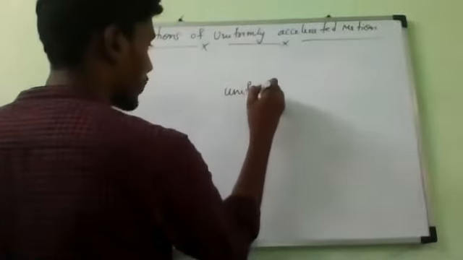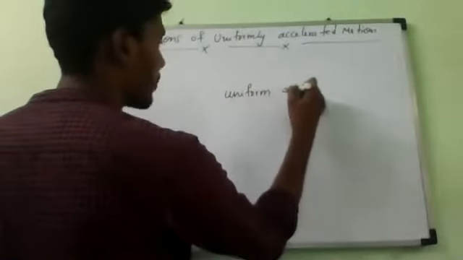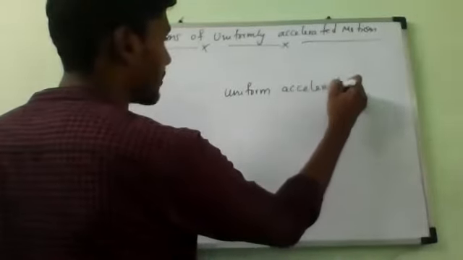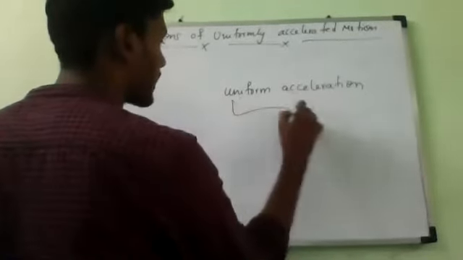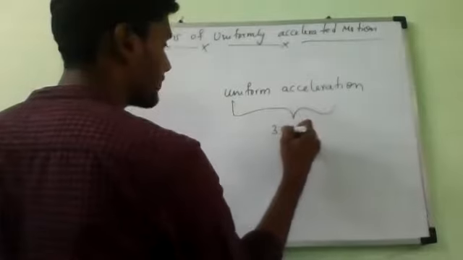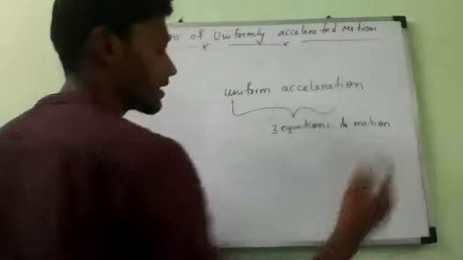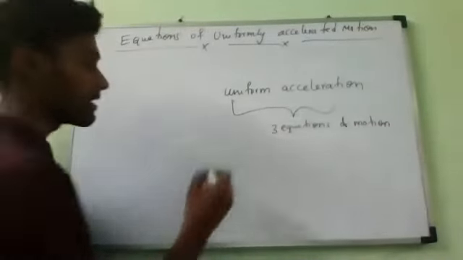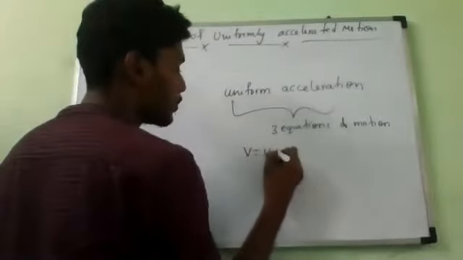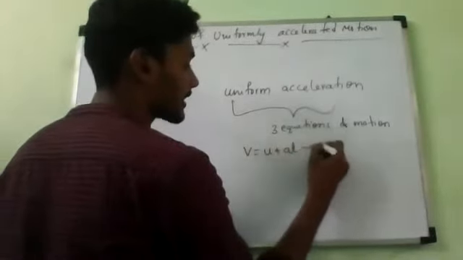So how many equations do we have? The bodies which travel with uniform acceleration have 3 equations of motion.